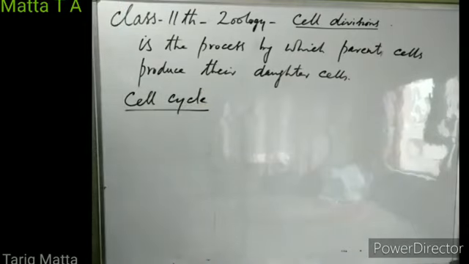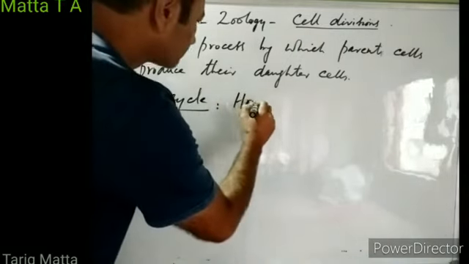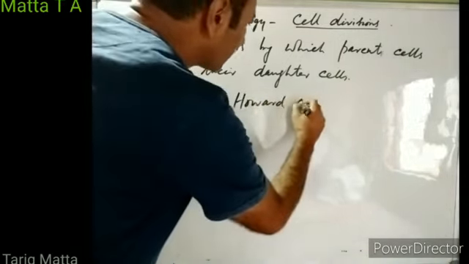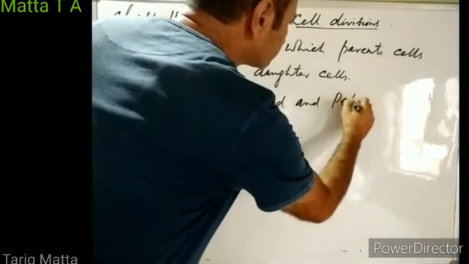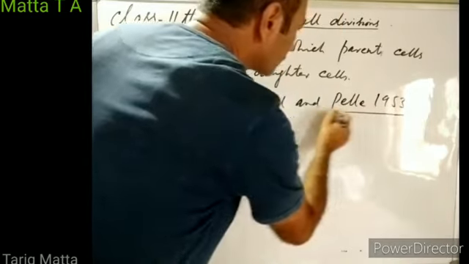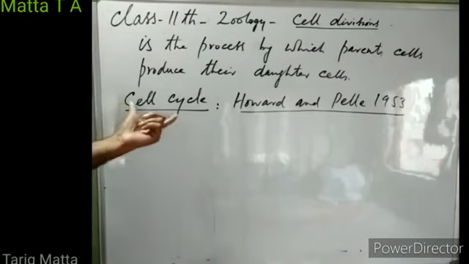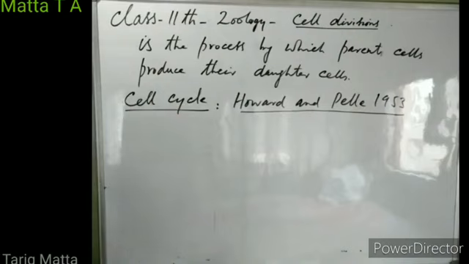It is a sequence, a series of events, which was first worked out by Howard and Pillay in 1950. They for the first time worked out the sequence of events which leads to cell division, and this sequence of events is known as the cell cycle.